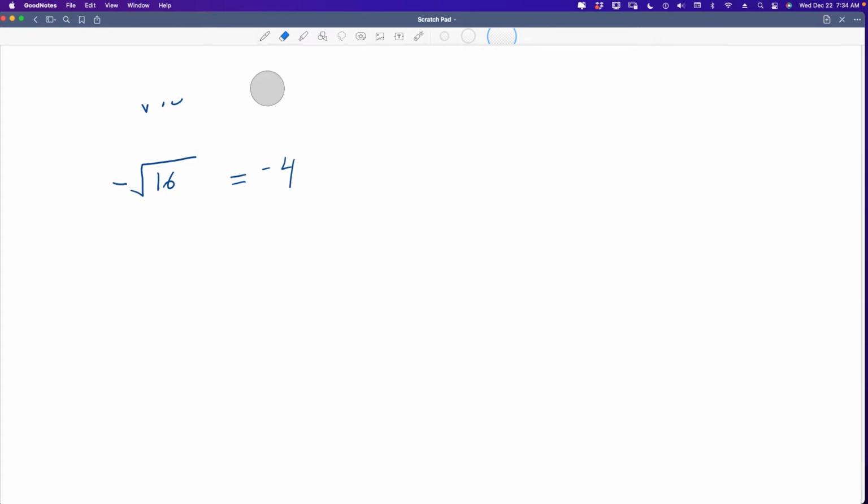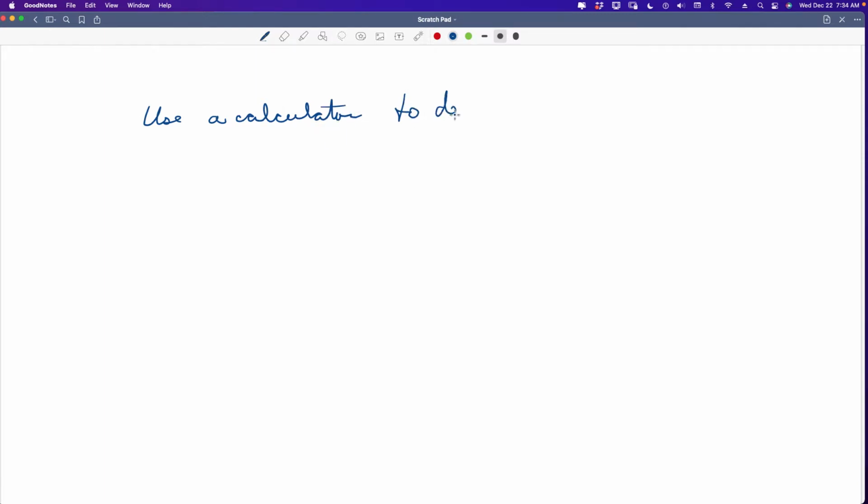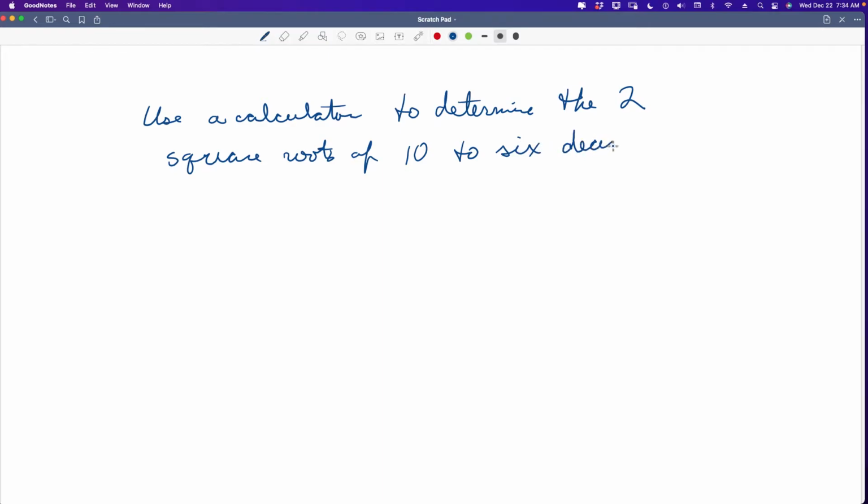So now we understand this next problem that we have, and it says, use a calculator to determine the 2 square roots of 10 to 6 decimal places.